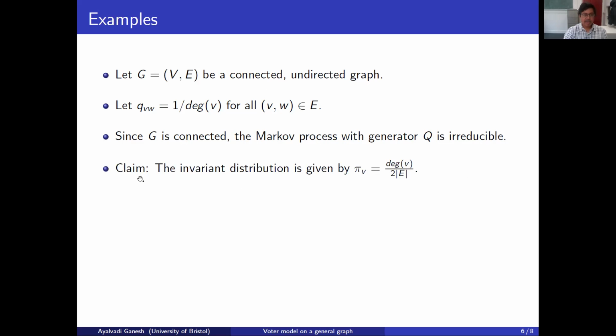The claim is that the invariant distribution is proportional to the vertex degree. So the invariant distribution pi, the vth element of that row vector, is the degree of v divided by 2 times the total number of edges. This is the normalization you need to make this a probability distribution. You can check that if you add up all the degrees, you get 2 times the number of edges, because each edge is counted in the degree of each of the 2 vertices it connects.